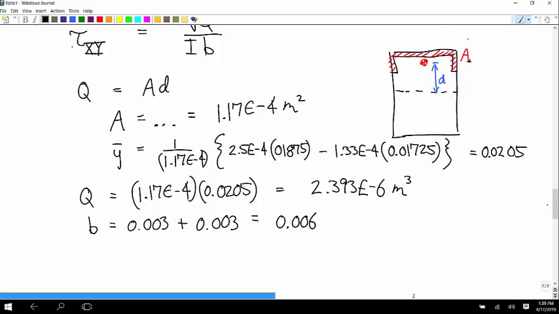Okay, so finally, yes, that's right, because our origin is the neutral axis. And so our shear stress, you know what?